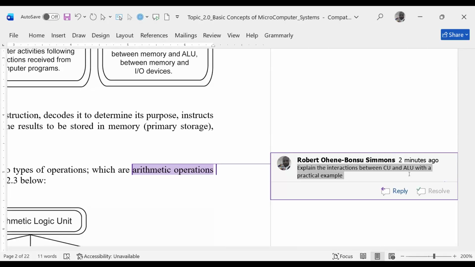Do you understand the CU? Yes, sir. Okay, so tell us your understanding of CU.